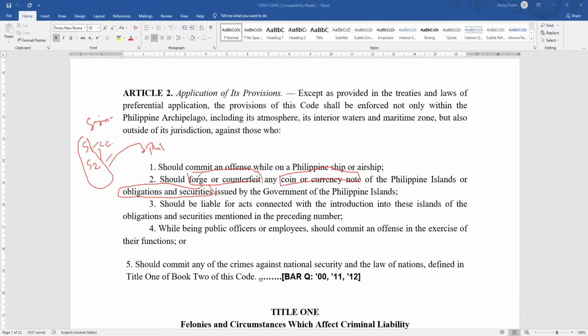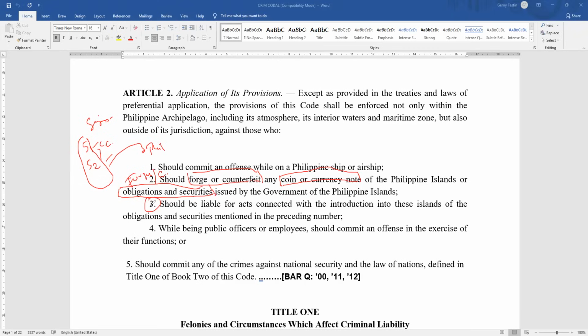And secondly, because it falls squarely under the second exception. Were they forged or counterfeited coin or currency notes issued by the Philippine government? So they can be held liable. So again, second is forger and counterfeiter.